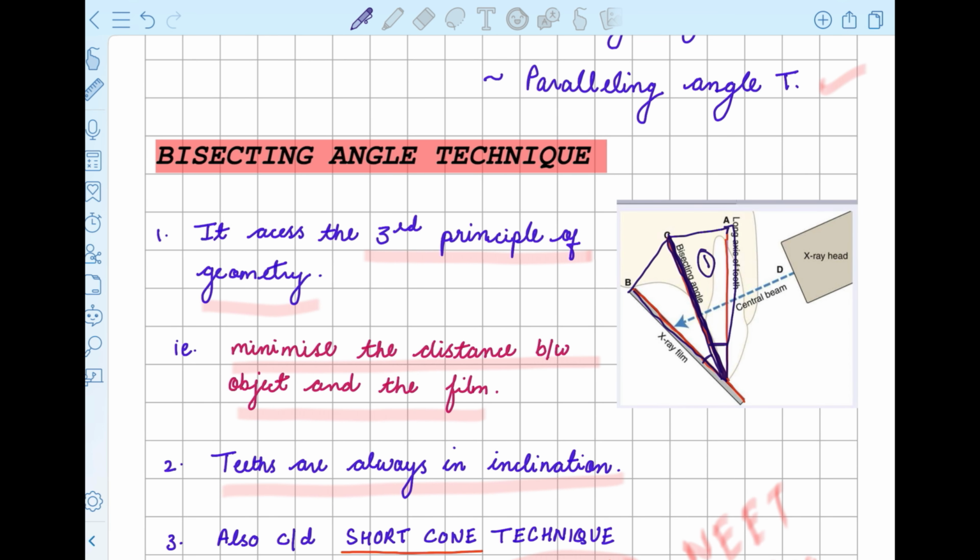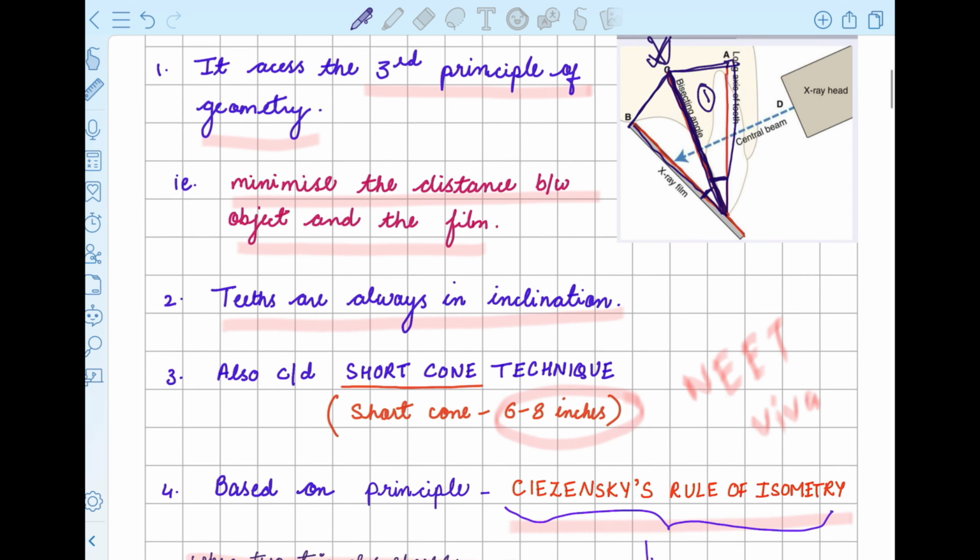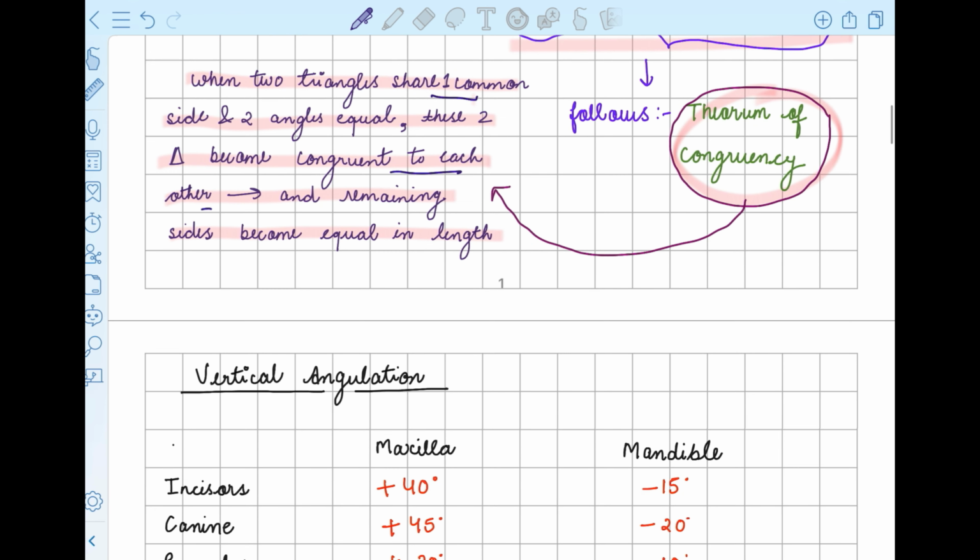If we draw a line along the long axis of the tooth and along the long axis of the X-ray film, and divide these two lines by drawing a bisector, then the two angles are equal and the two sides are equal. When these two angles and two sides are equal, then the other two sides, this and this, also become equal. So this is the theorem of congruency.